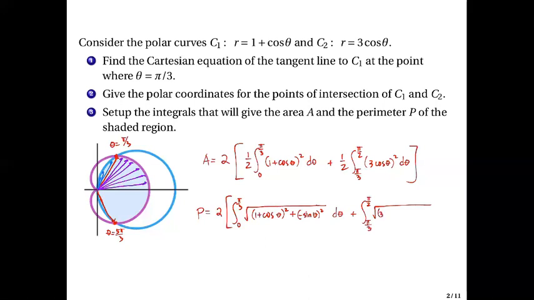We have your 3 cosine theta squared plus negative 3 sine theta squared, and then you have d theta. And then we close the bracket. So this will give us the perimeter of the shaded region.